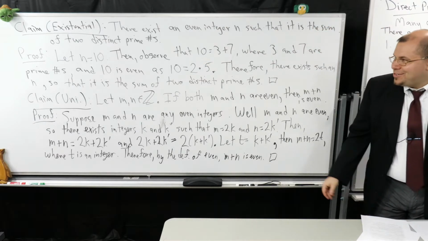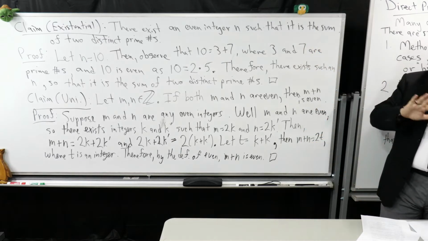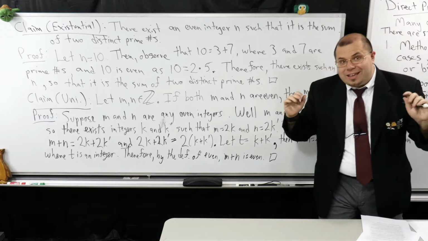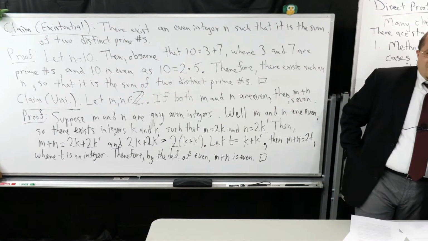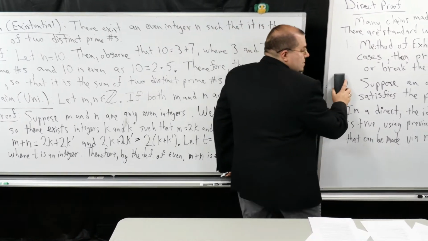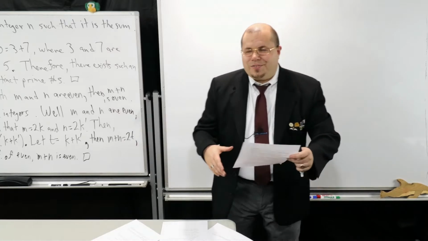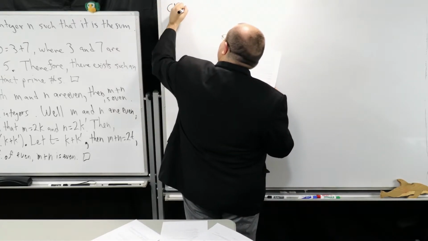Okay, so those are 2 examples, one with existential, one with universal. I'm going to show you an example of this proof by division of cases, because I promised I was going to, I mentioned it and I thought, well, that's kind of interesting to bring that up. So let's talk about that. This claim is going to look a little strange at first, but I assure you it is quite nice and simple.